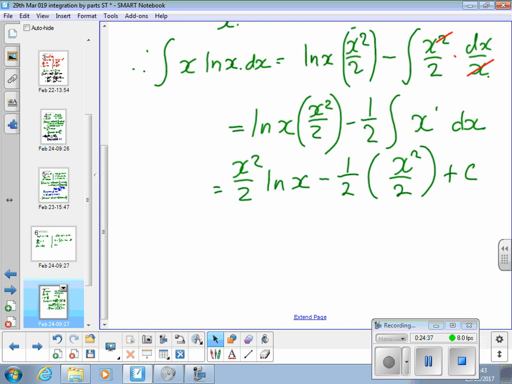We combine 2 constants here. Got a half and a half, x squared, sorry. Half times a half is a quarter. Yeah. So we could, if we wanted to, do equals x squared over 2 ln x minus a half plus a half is minus a quarter x squared.